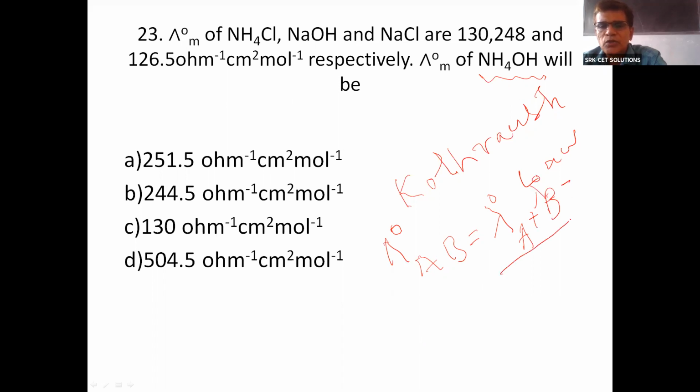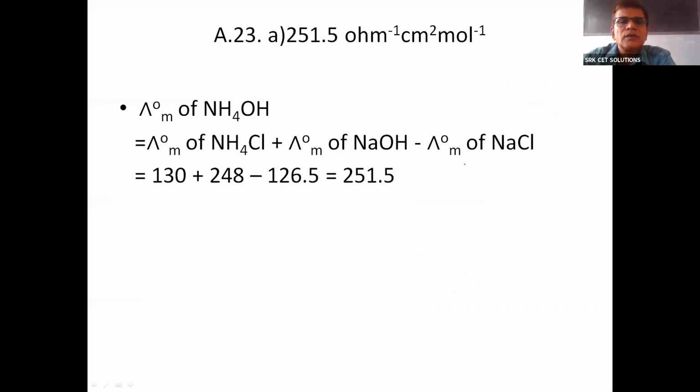The combination of the two ions will make the value of this. All the three strong electrolytes can be split up into their ions. The required combination of the two ions can be taken and you can get the value like that. So look at that. Lambda naught m of ammonium hydroxide is equal to lambda naught m of the first salt, ammonium chloride, plus lambda naught m of the second salt, sodium hydroxide, minus lambda naught m of this.